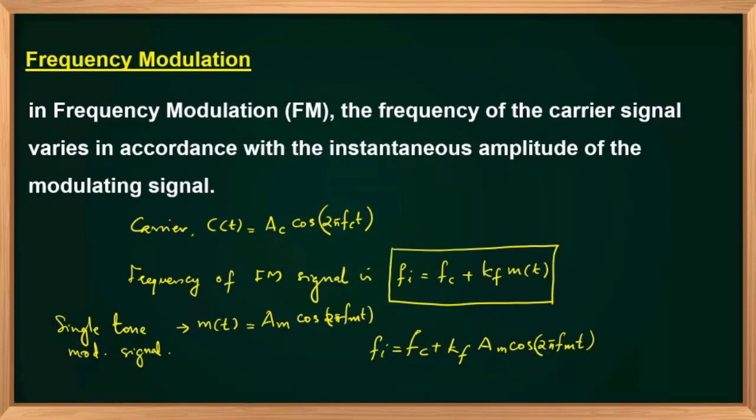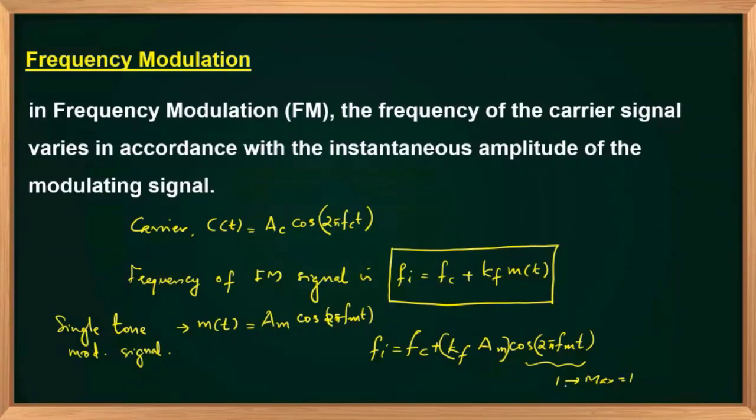So what will be the peak value or maximum value of deviation? This term is called the deviation. Peak deviation will be equal to kf into Am, because cos 2 pi fm t has a maximum value equal to unity. The maximum value of the cosine function is 1.